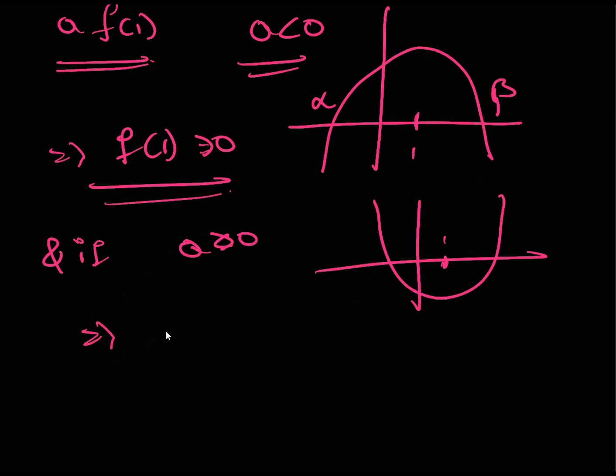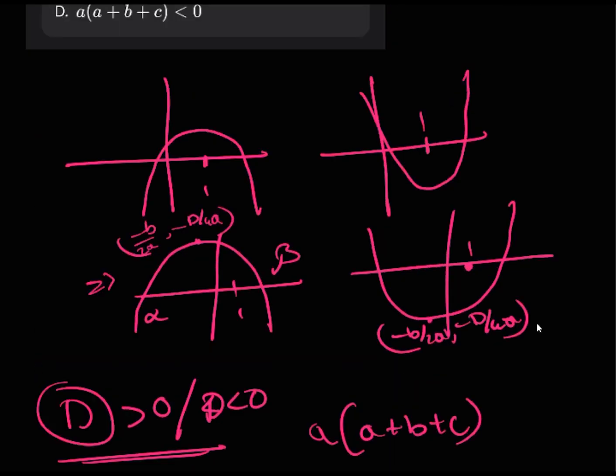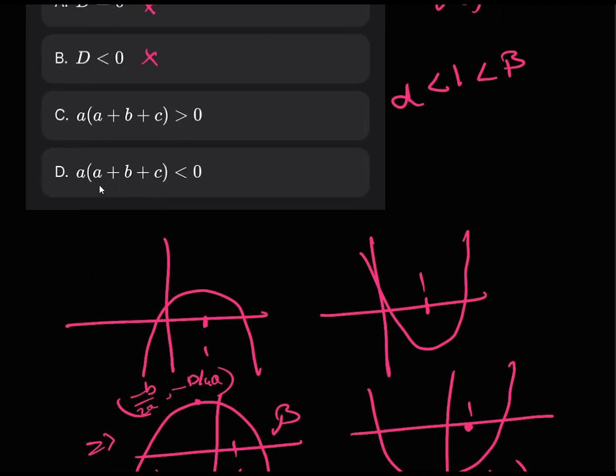Therefore, f of 1 should be less than 0. In both cases, we got A times f of 1 as less than 0. Hence, A times f of 1, that is A times (A plus B plus C), must be less than 0. Hence, the third option is right.